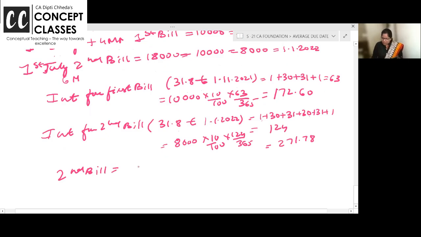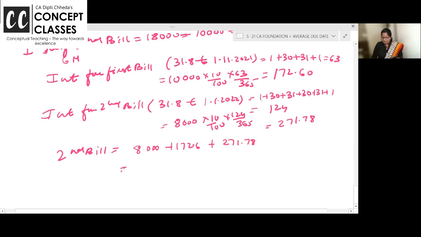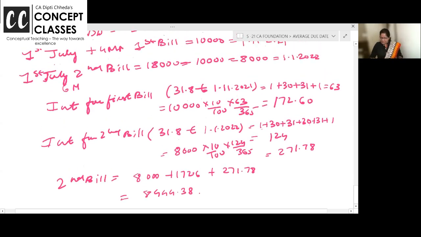The second bill is drawn along with interest. So 8,000 plus 172.6 plus 271.78 is 8,444.38. Ask your doubts. First, if you have not written, you will write it.